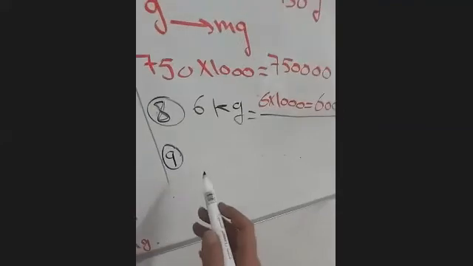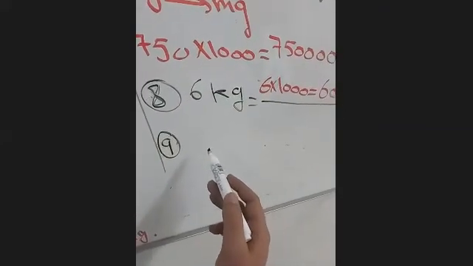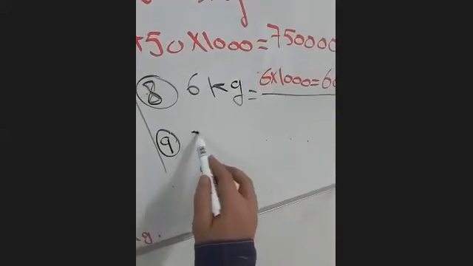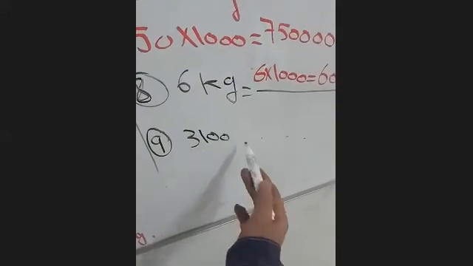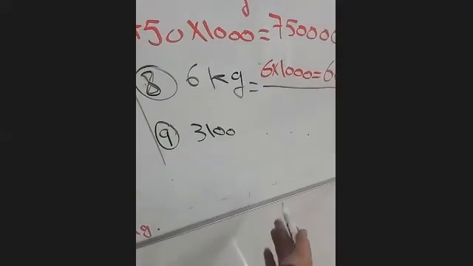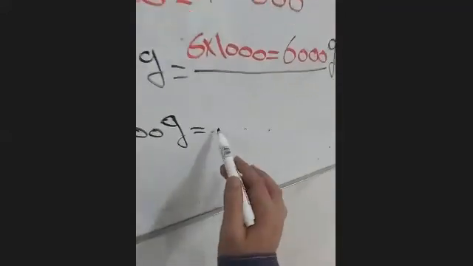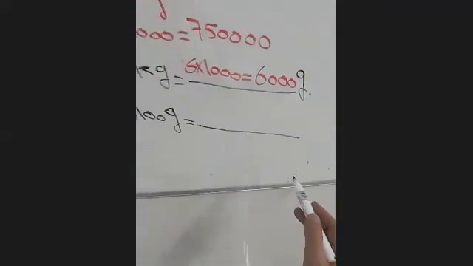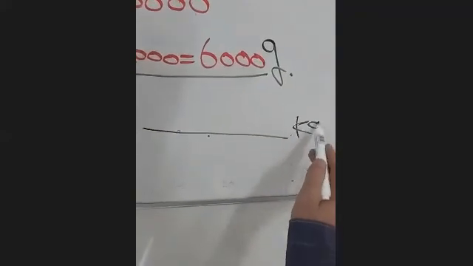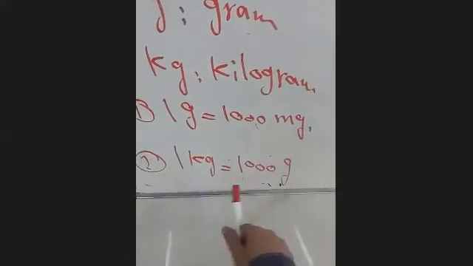Question 9 is from gram to kilogram: 3,100 gram equals how many kilograms? What will we do? From smaller to bigger, we divide by 1000.